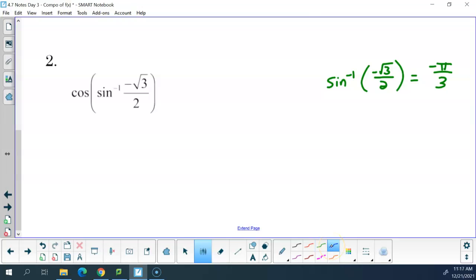So then here, we're looking for the cosine at negative pi over 3. What is the cosine value at negative pi over 3? 1/2.